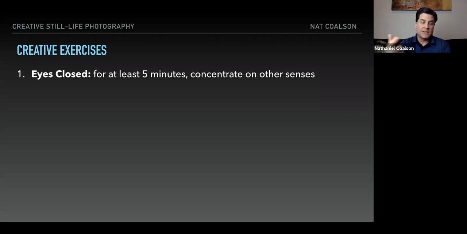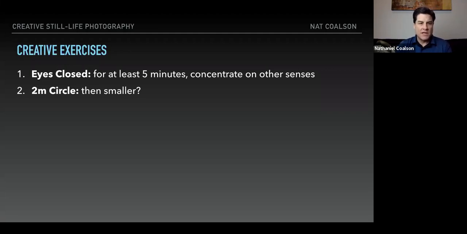But be ready to take some pictures or make a few notes after sitting with your eyes closed, because reducing your sight for a while and then having it come back really helps you, again, see things with fresh eyes. A great exercise that I learned from a series of books by a guy called Freeman Patterson is to practice taking pictures within a fixed boundary area, right?